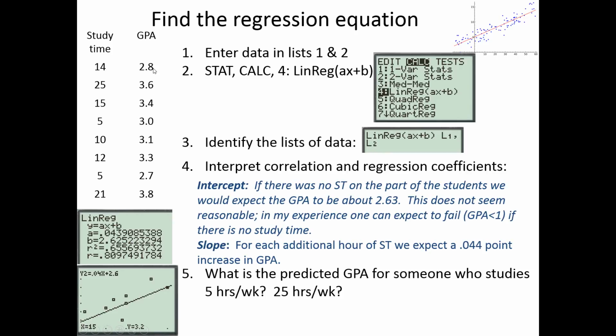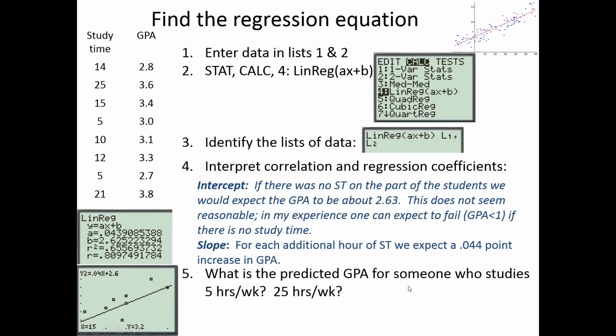The change in y is the change in GPA, and the slope is positive, so we would expect a 0.044 increase in GPA, approximately, for each additional 1 unit increase in x. The 1 unit increase in x represents 1 additional hour of study time per week. I do have that written here for you.